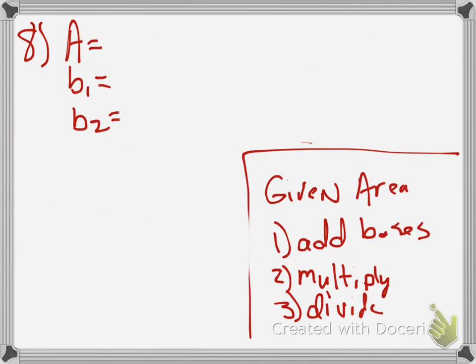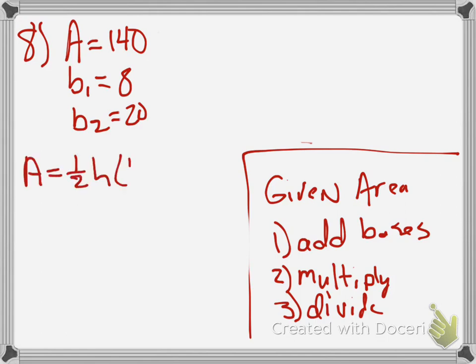Okay, so what happens if I give you a trapezoid, or one where I give you an area and you have to find something else, like some missing side? So in the case of number 8, I give you a trapezoid that has a base length of 8 and 20 and an area of 140 square feet. And you need to go back and find the height. Well, okay, again, area is equal to 1/2 the height times the sum of the bases.